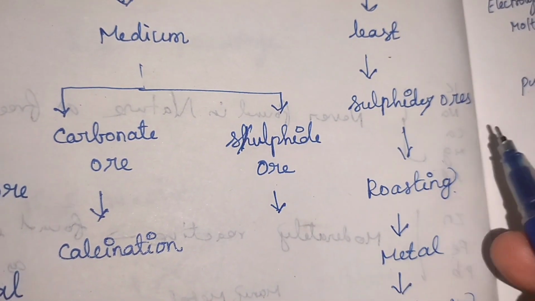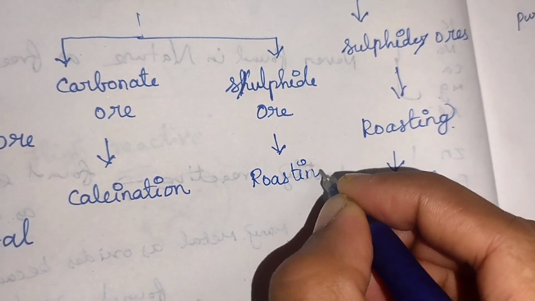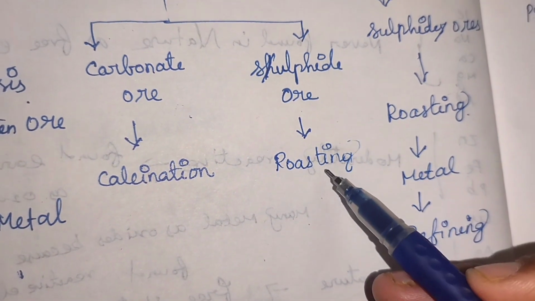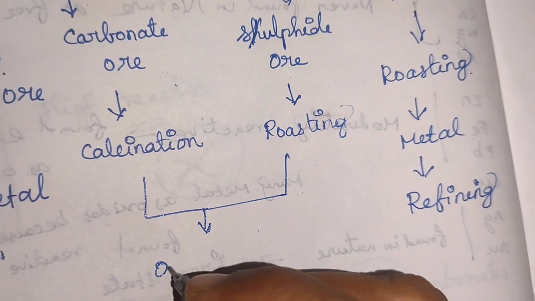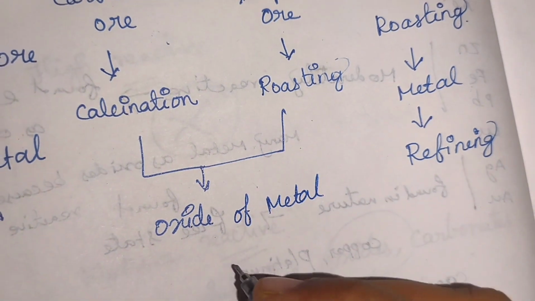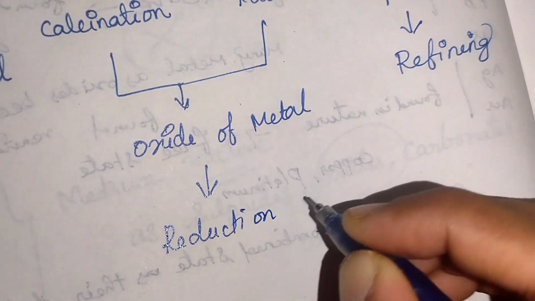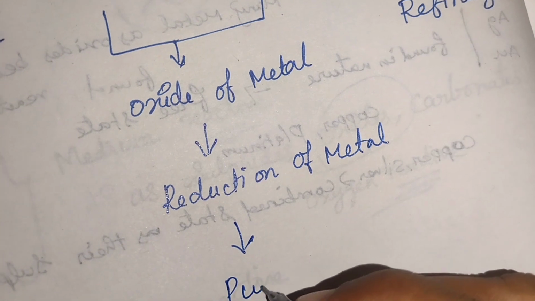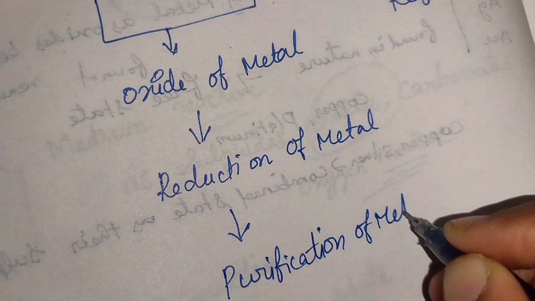After that we get the oxide of the metal. Both processes give the oxide of the metal. Then the oxide goes through reduction of the metal. Finally, the final step is purification of the metal.